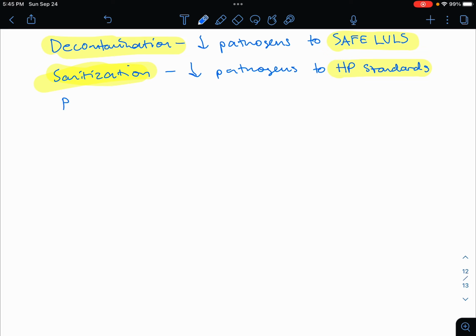We have pasteurization, again from Louis Pasteur, which we've covered a bit on this channel. This is a brief heating to reduce the number of spoilage organisms. We also destroy pathogens here.